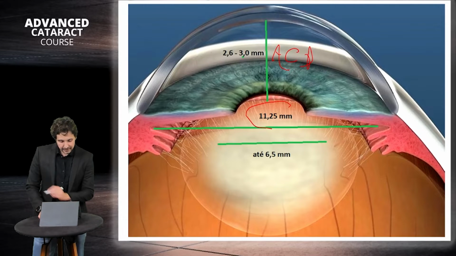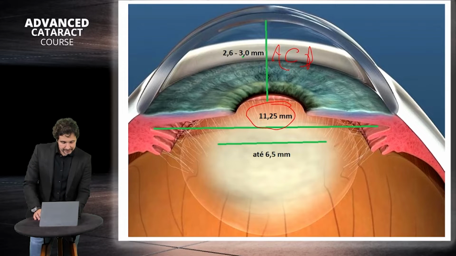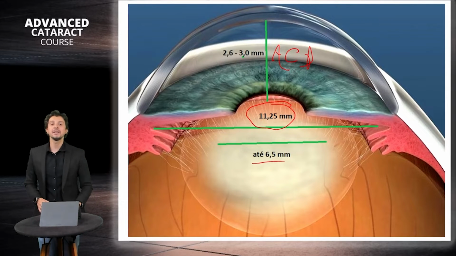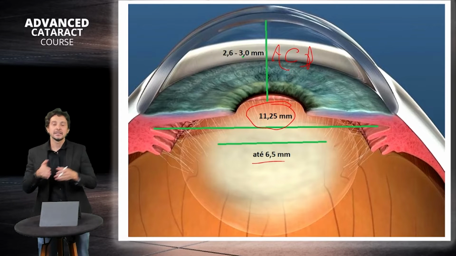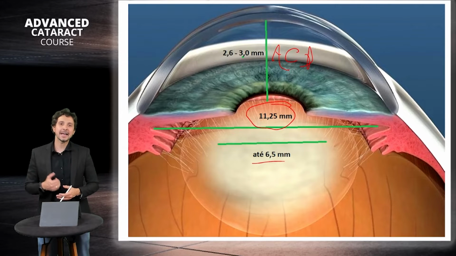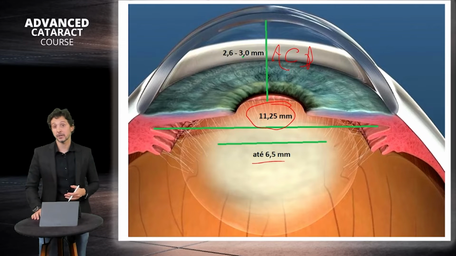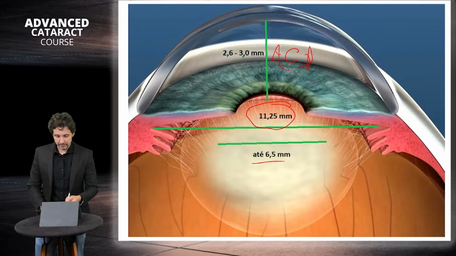This 11.25 is the sulcus. This 6.5 millimeters is the distance between the zonules. So during this applied anatomy for cataract surgery, you discuss a lot of things about it.